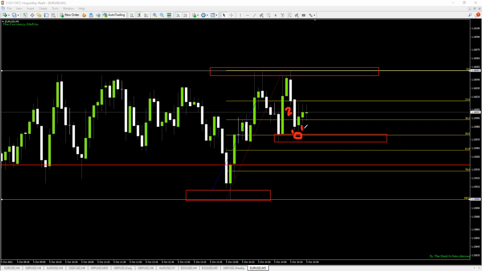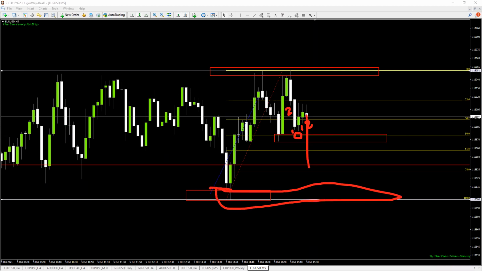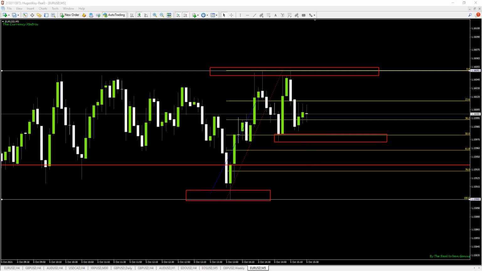Here's +1. Here's potential +2. But we'd have to wait until this candle closes because it could simply come down here and smack 0, which is what I believe is going to happen anyway. It's going to come down here and smack 0 because it's heading to retest this 0. That makes sense?